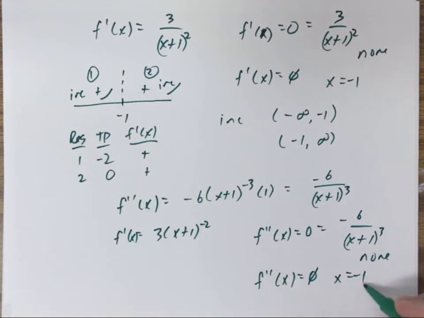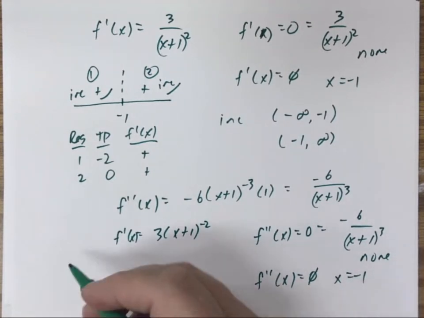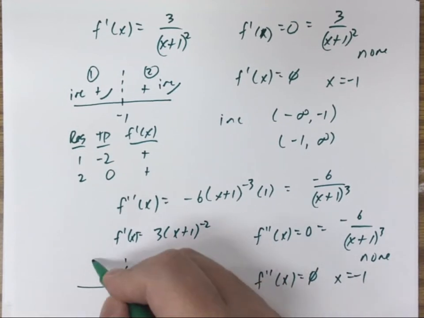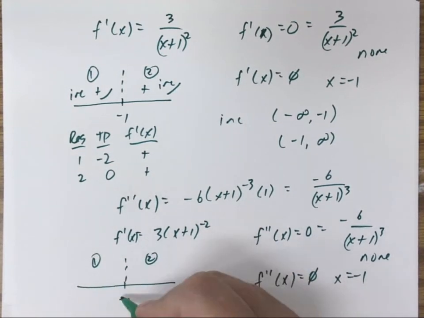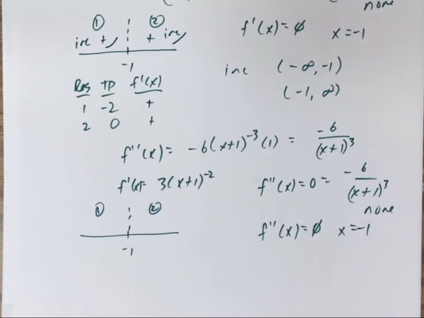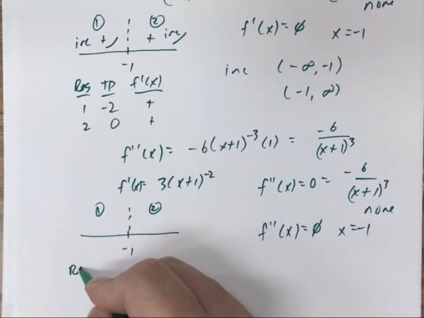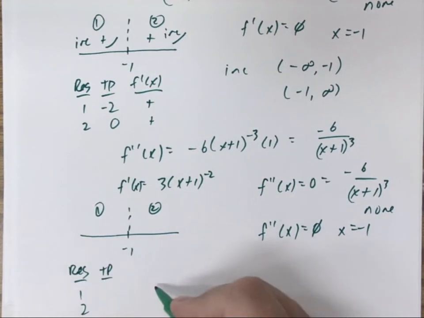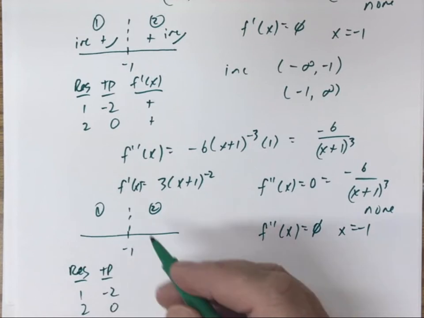And once again, there is at -1. So we have two regions. -1 breaks it up. Test points will be -2 and 0.